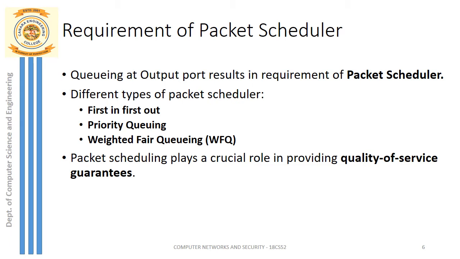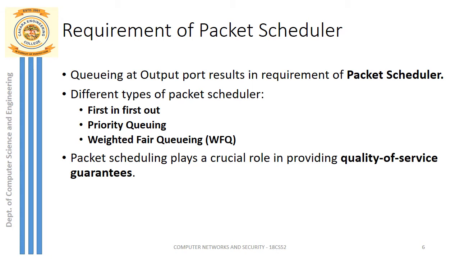Whenever we queue the packets at the output port, this creates the requirement for a packet scheduler: which packet from which queue needs to be taken first and transferred. That is called a packet scheduler. Different packet scheduler algorithms are defined, like first in first out. That means whichever packet comes first into the output port needs to be taken out first.